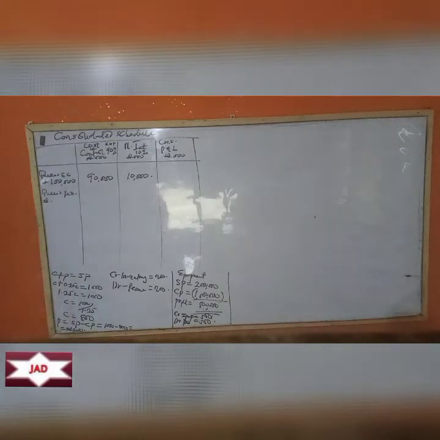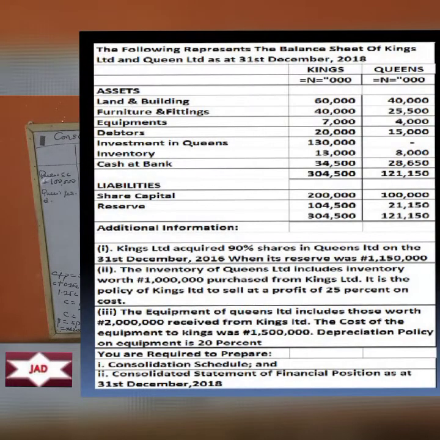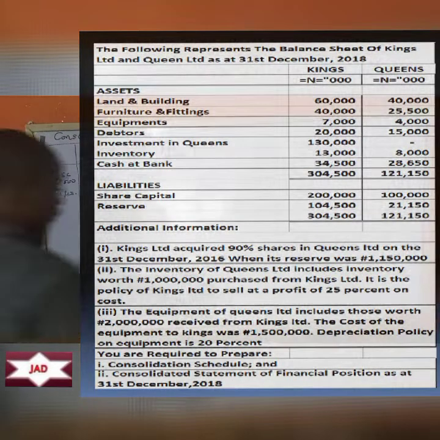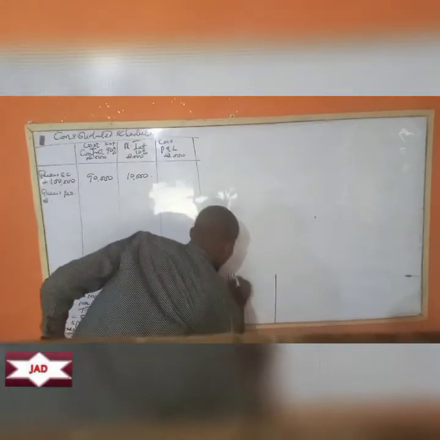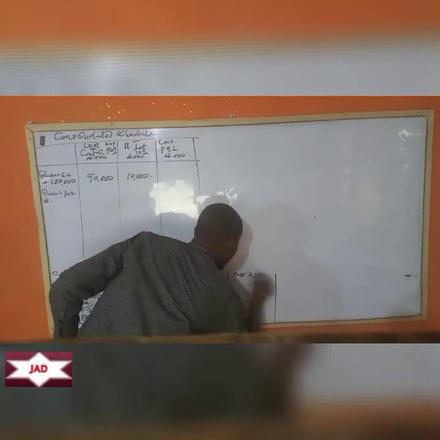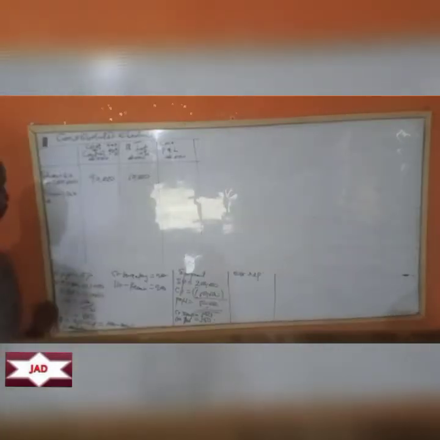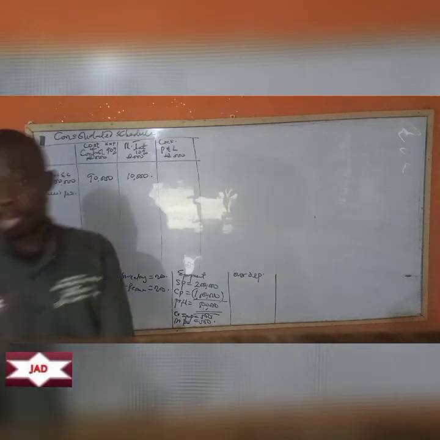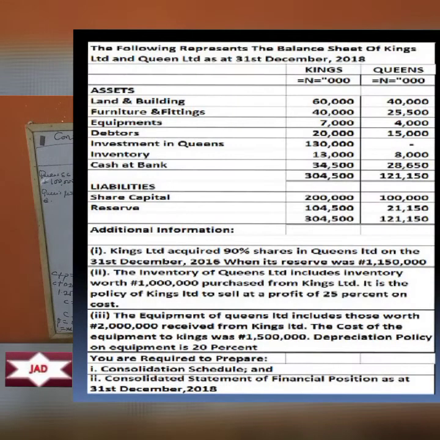Now we've gotten the profit, but they say the depreciation policy on equipment is 20%. So there's over depreciation. So what's over depreciation? That would be the depreciation policy times the unrealized profit.